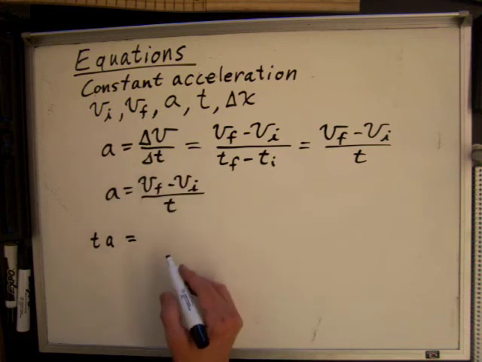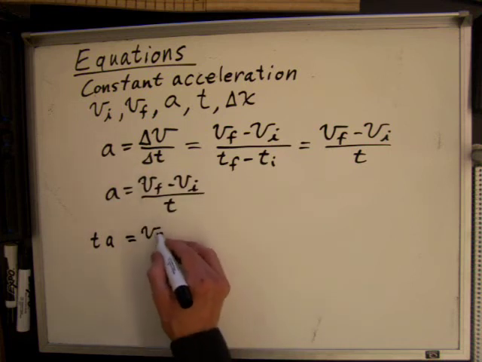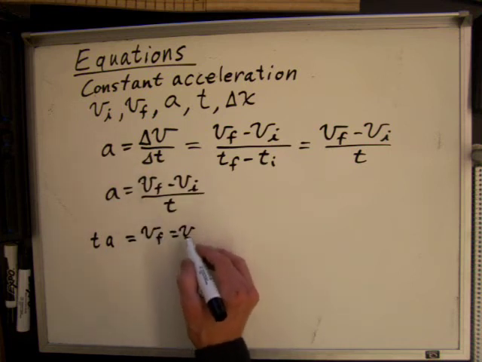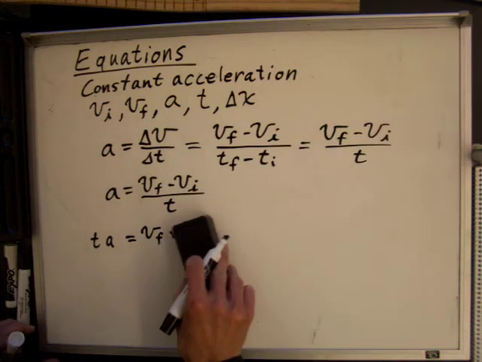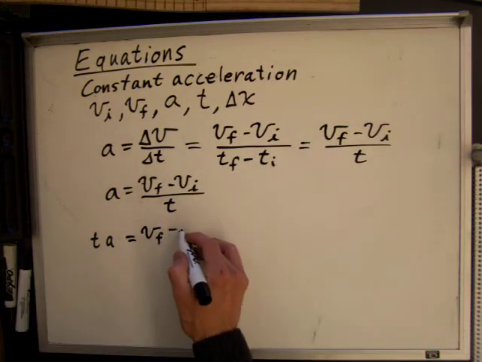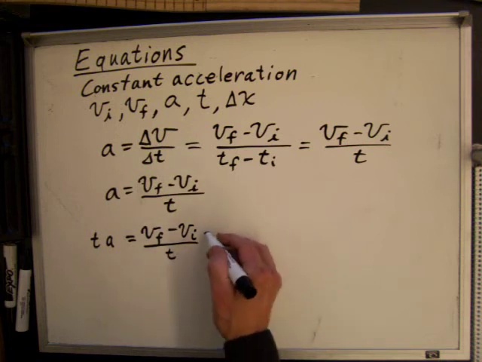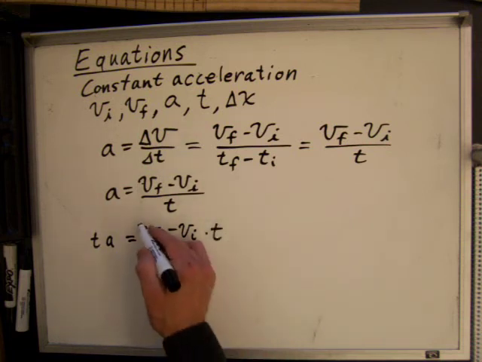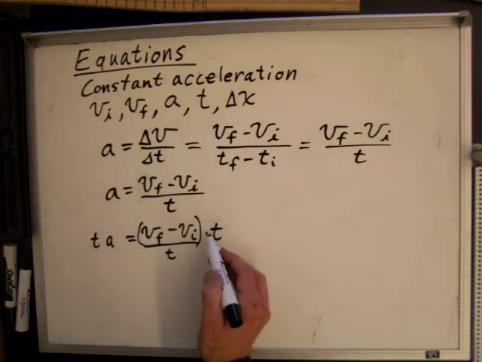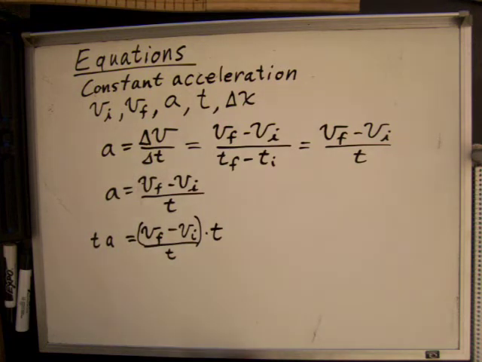The right-hand side, I'm going to multiply by T, so I get VF minus VI over T times T. I better put this in parentheses because the T is multiplying the entire thing here.